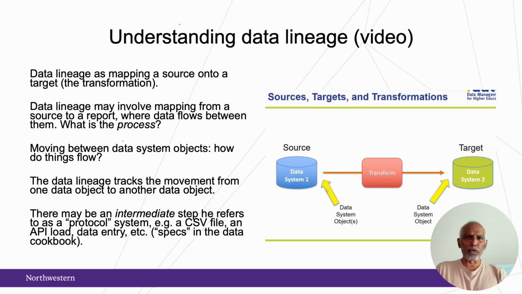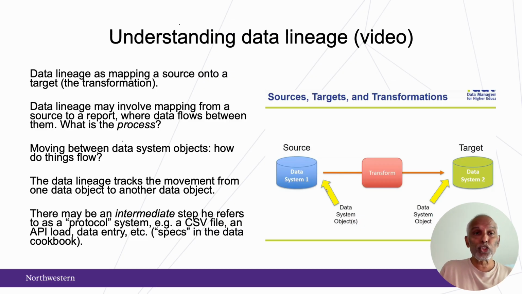So to understand data lineage, this picture shows that the source is data system 1, where data system objects are created, transformed, and sent to the target data system object. Again, that becomes a data system object when it becomes a target. So this is a very simple way, where there could be multiple steps, even though only one step is covered here.